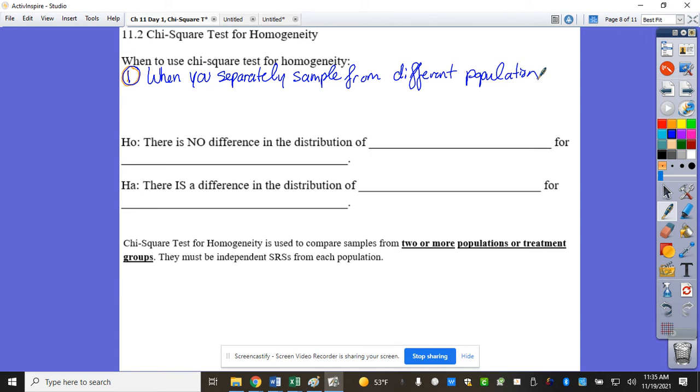But the only reason I don't write it that way is because if we are doing an experiment and we assign them two treatments, it is considered homogeneity.